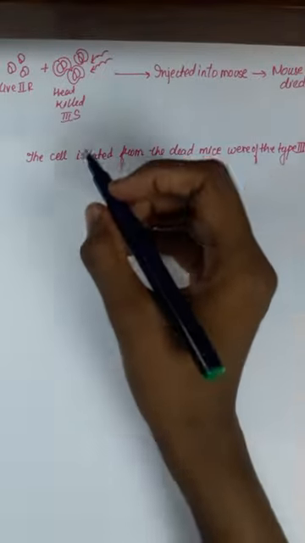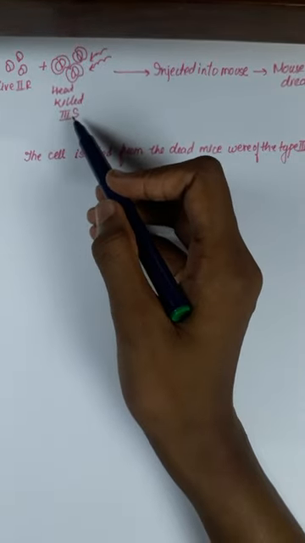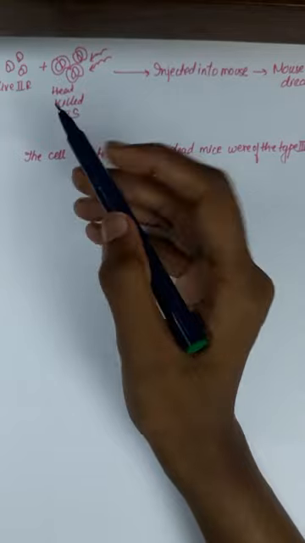So what he concluded is that all the cells of the heat killed 3S culture were dead.